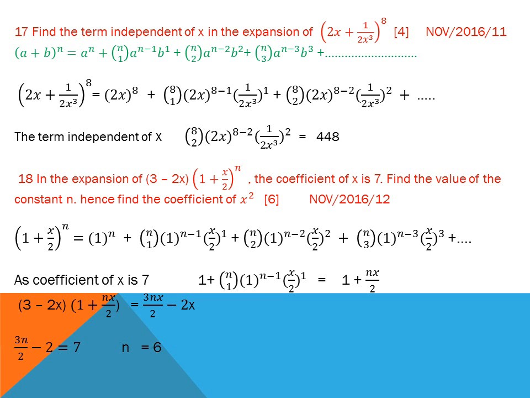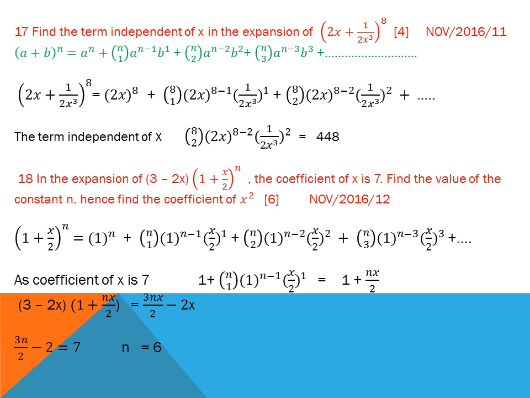It means the third term is independent of x because x power 6 is cancelled out with x power 6. I simplify term number 3, 8C2 (2x) power 8 minus 2 and (1 over 2x cube) power 2. Using the calculator, I will find it is equal to 448.